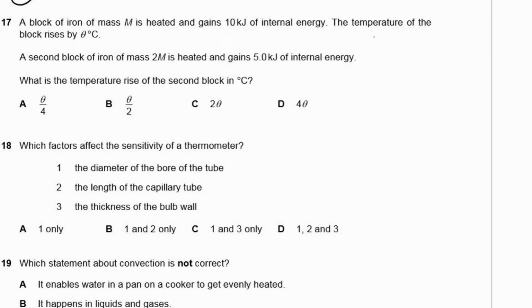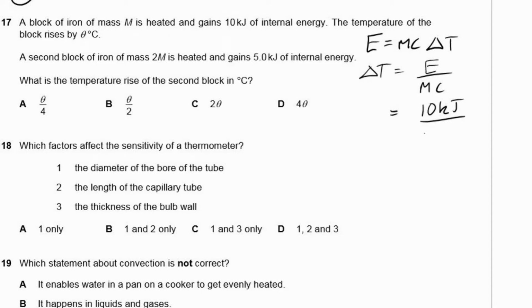Alright, well, let's look at the equation that governs this. We know that E equals mc delta T. And we know that delta T is given by the energy supplied divided by mass times specific heat capacity. That's just rearranging that. So for our initial amount, we have 10 kilojoules of energy in, and we have m times c at the bottom, the mass times the specific heat capacity. So this is delta T1.